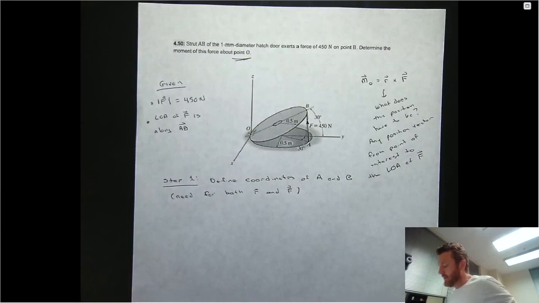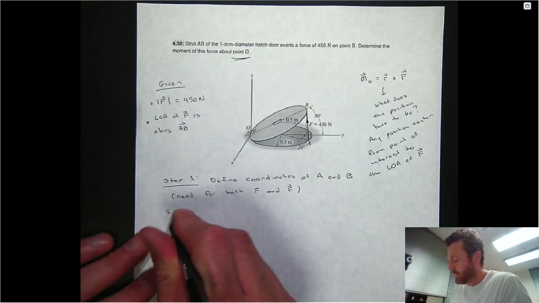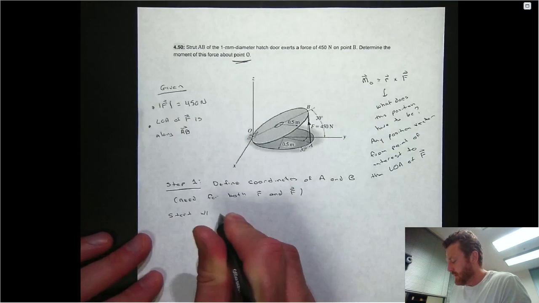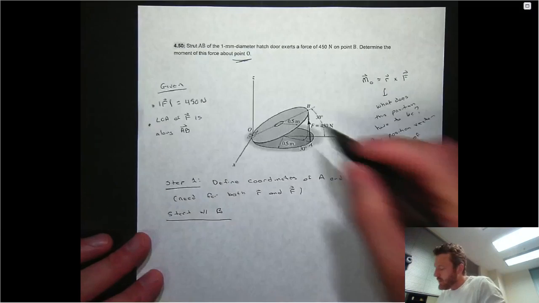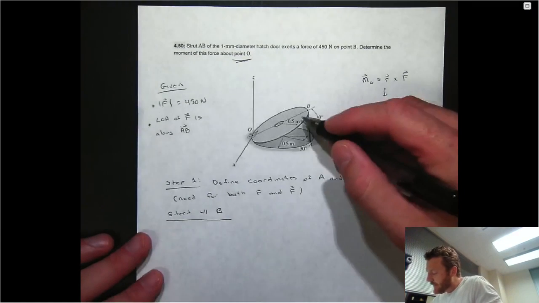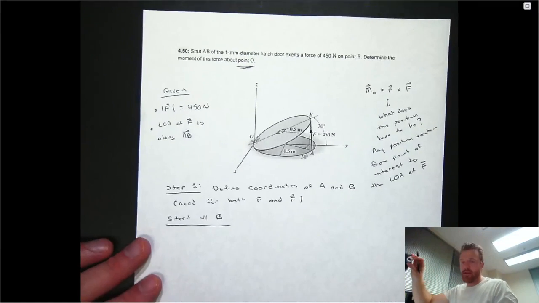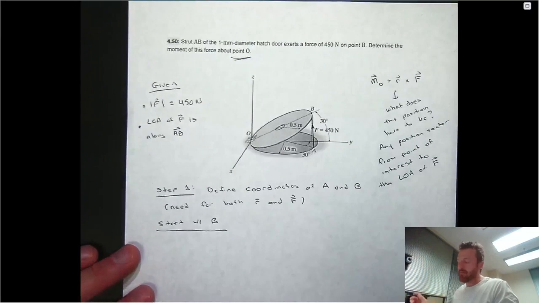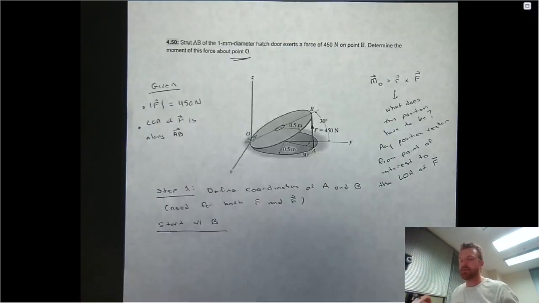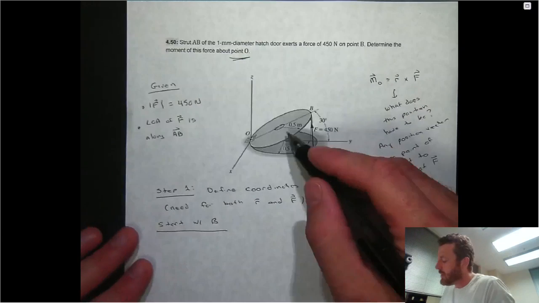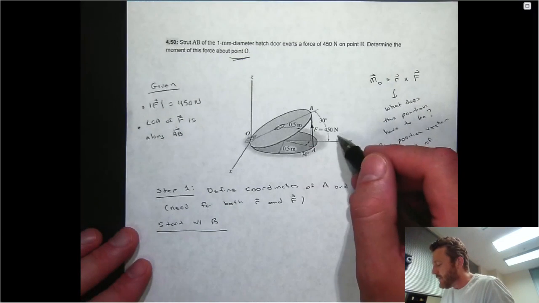So let's start with the easier of the two, which is point B. I hope you can see by looking at this diagram, and if you can't see it from my printout, go to the actual problem in my lab where it's a higher resolution image and you can zoom in and it's in color. Point B actually lies in the YZ plane.